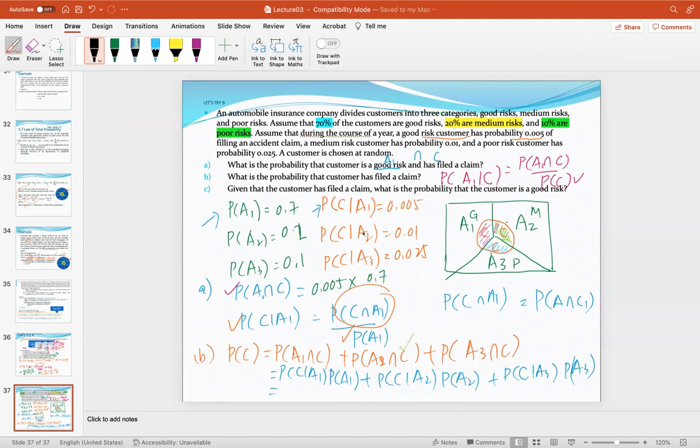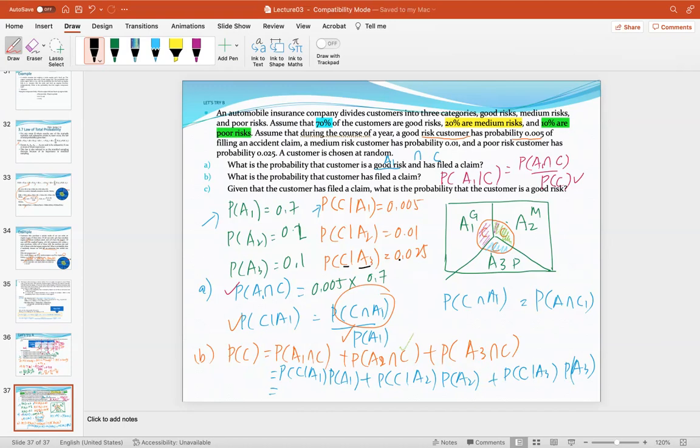A2, medium risk, given that and still filing a claim, 0.01. Poor risk, A3 given and has the claim, so you have 0.025.